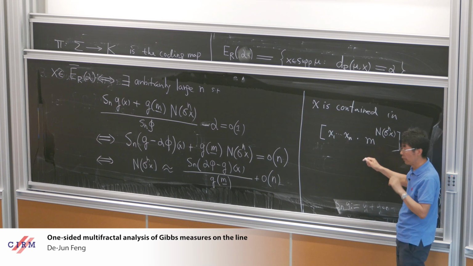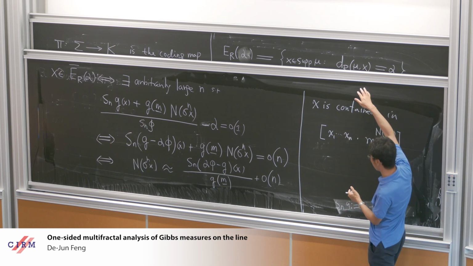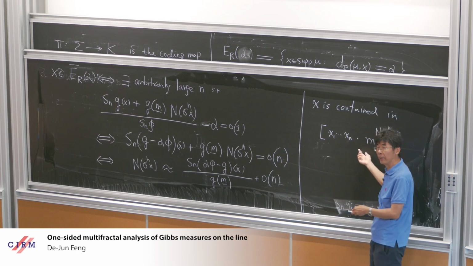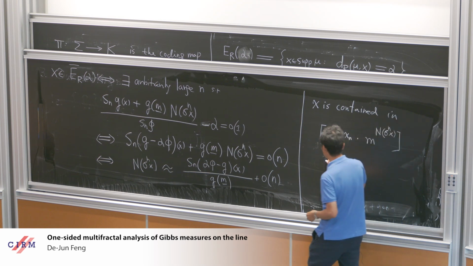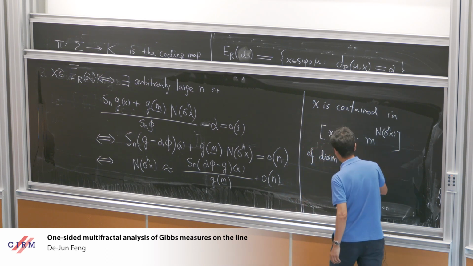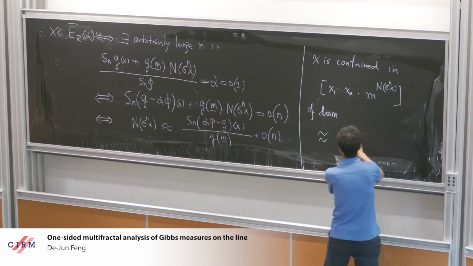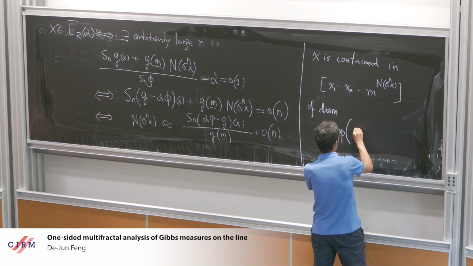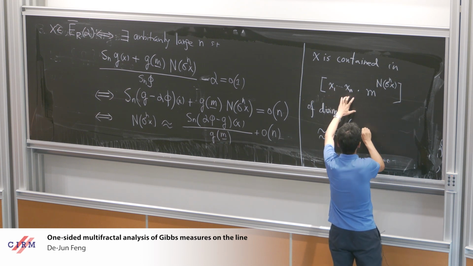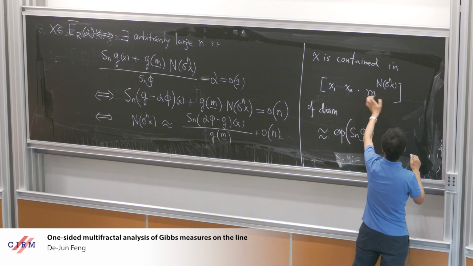And if you consider this cylinder and use the coding map projecting to k, you can calculate the diameter. The diameter is almost equal to the expression of S_n. So this guy has a diameter close to S_n phi (x).